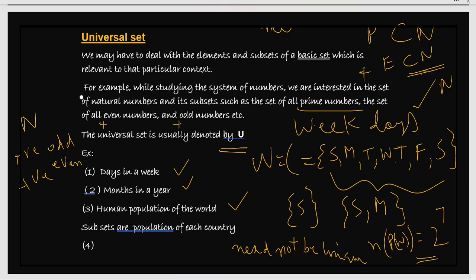All people below 20 years is a subset, people between 20 to 50 years is another subset, above 60 years is a subset, right? Like that, we can have different subsets, but the universal set is the human population in this context.